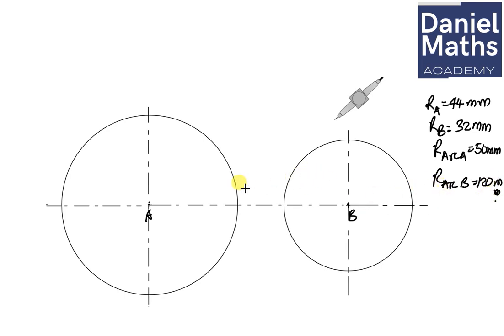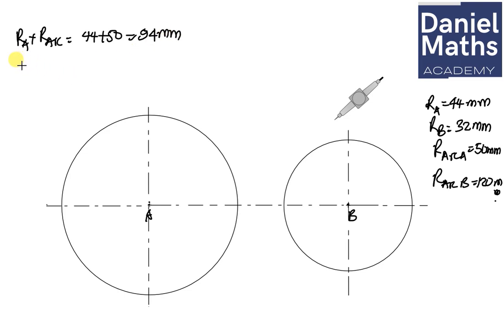Okay, so now for us to draw the first arc, to draw the external arc joining point A and B, what we need to do is to add the radius of A to the radius of the arc. So radius of circle A plus that of the arc will give us 44 plus 50, that gives us 94 millimeter.